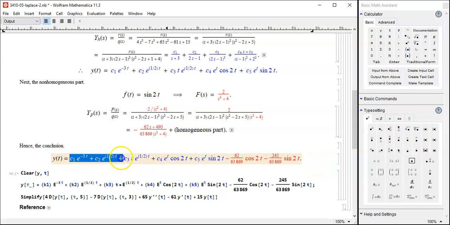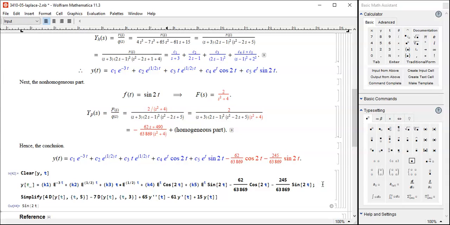And then all those previous ones, I just copy and paste from here. And that's my solution. And I can check through my Mathematica command like this. Simplify the left-hand side: fourth derivative, third derivative, second derivative, first derivative, original, and so on and so forth. And you get the right-hand side, sine of 2t.